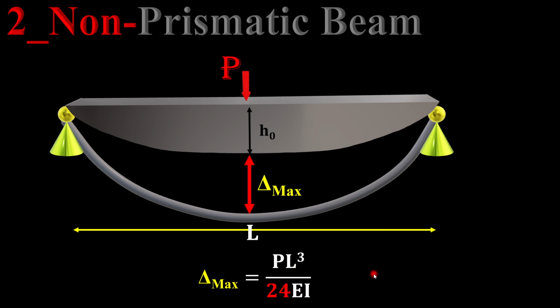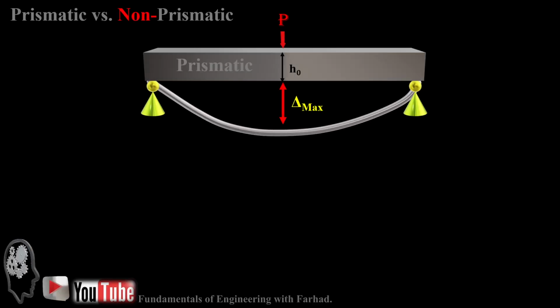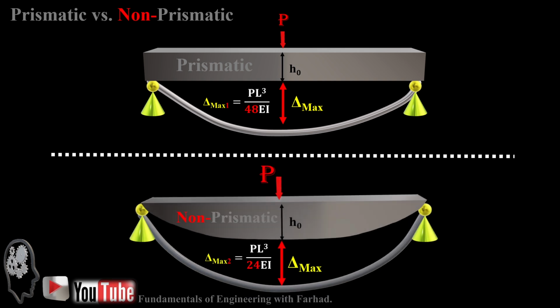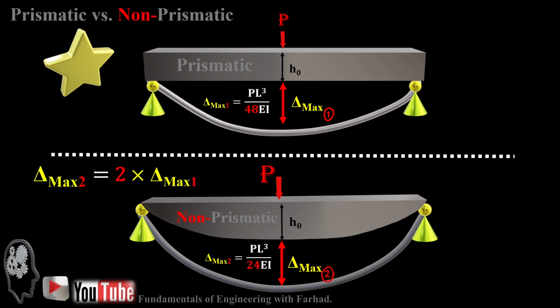If you remember the previous part, that was PL cubed over 48. That's the only consideration we have to be careful about when we work with a non-prismatic beam: consider the maximum deflection to not be higher than the allowable deflection. So if this is prismatic versus non-prismatic, you can easily see the deflection in non-prismatic case 2 is double the maximum deflection in case 1, which is a prismatic beam.